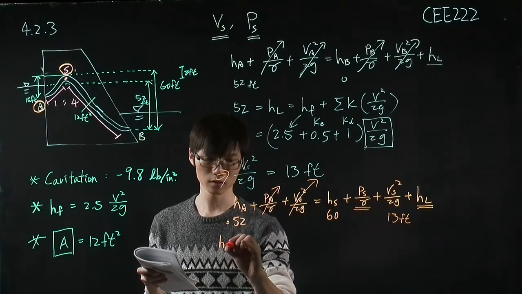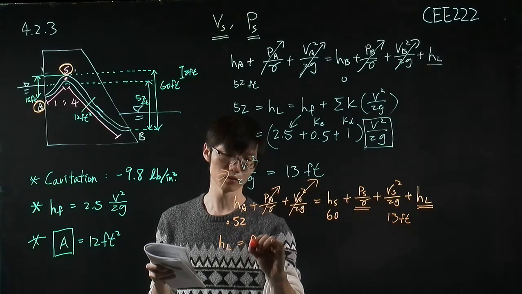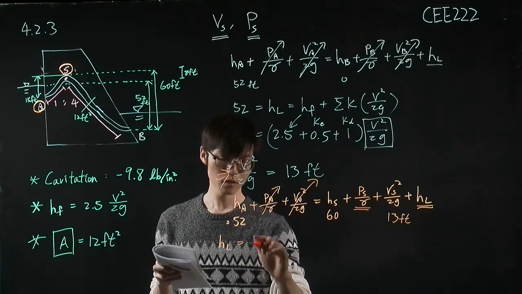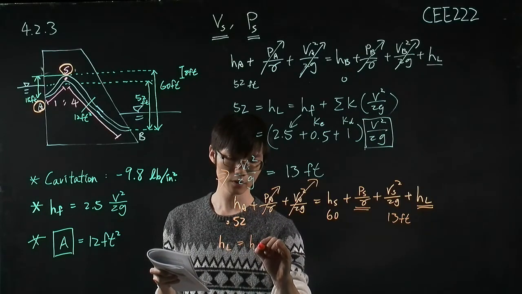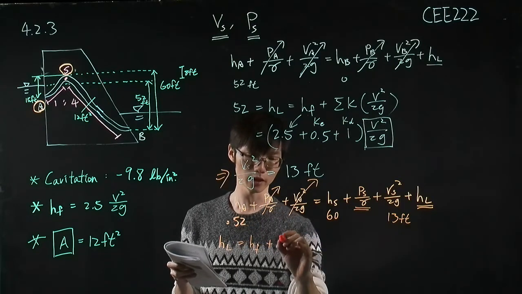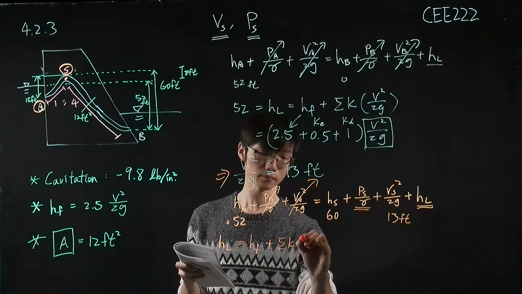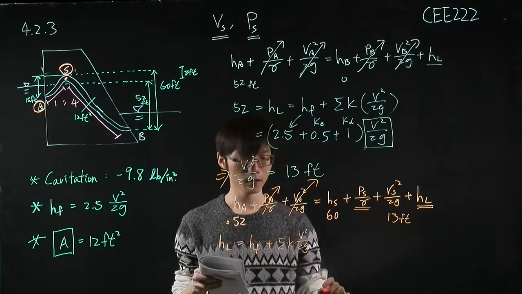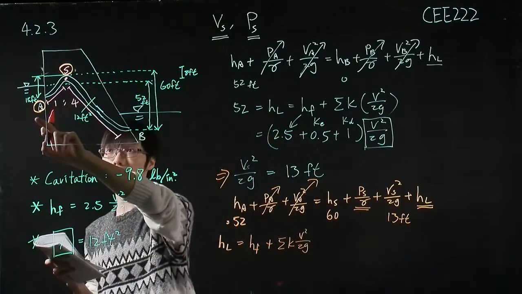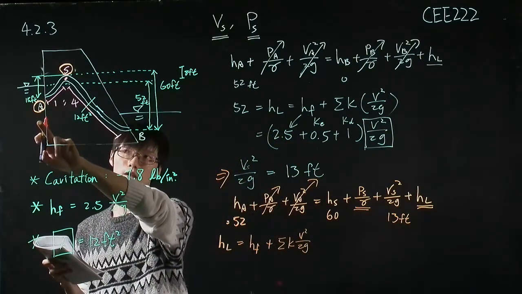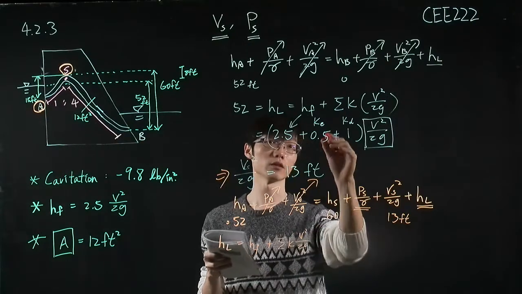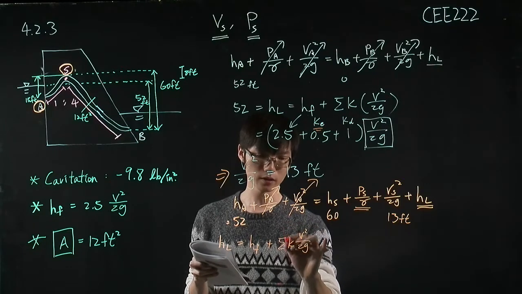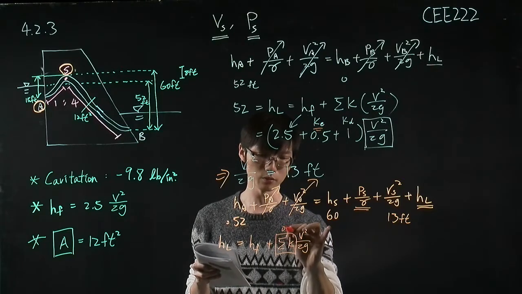The head loss here is similarly equal to the friction loss plus the minor head loss, summation k times the velocity term. Okay, and here we only have the entrance head loss, and the entrance head loss is equal to 0.5. So this term is 0.5.